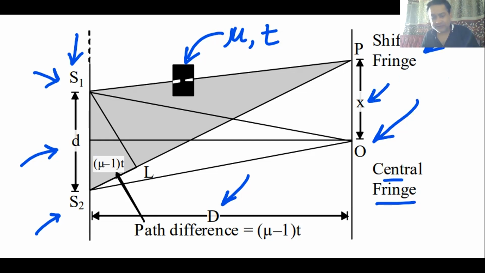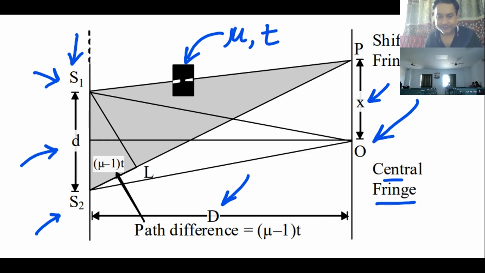If I insert the slab in front of the upper slit, it will shift in the upper direction. If I insert the slab in the lower slit, it will shift in the lower direction. Do we understand this?